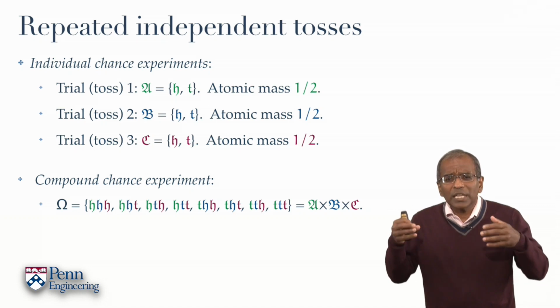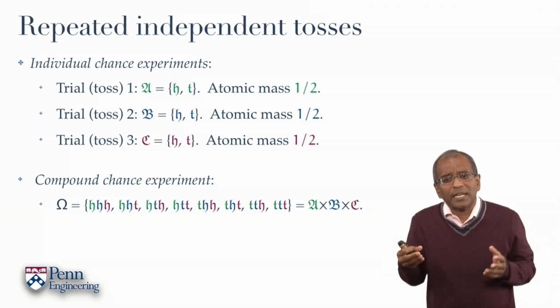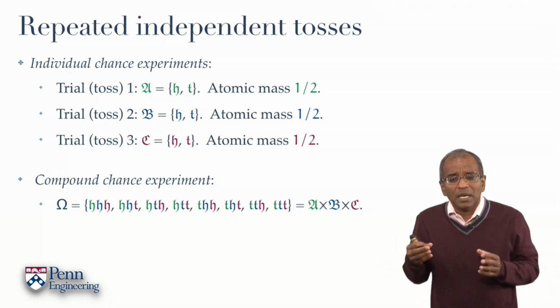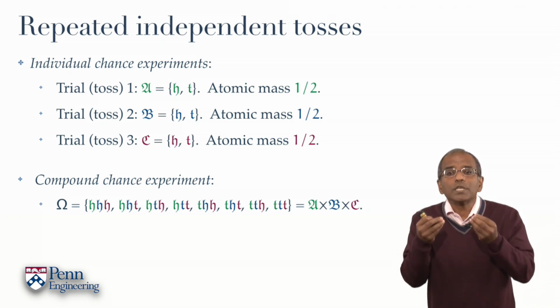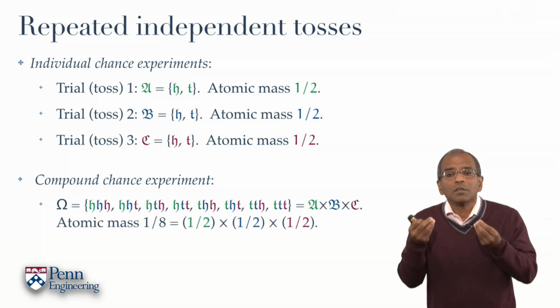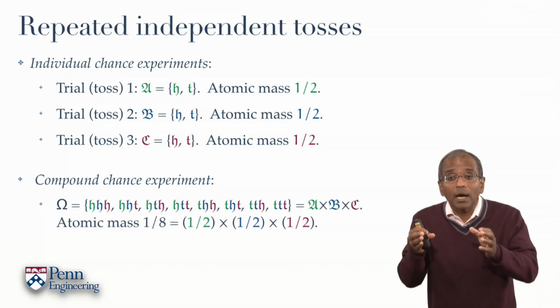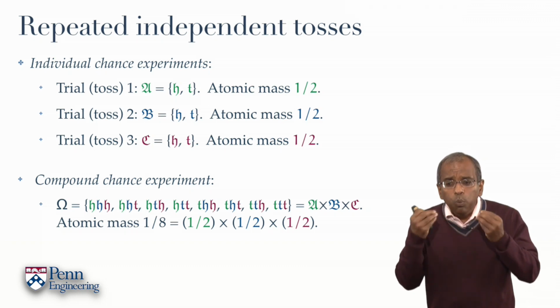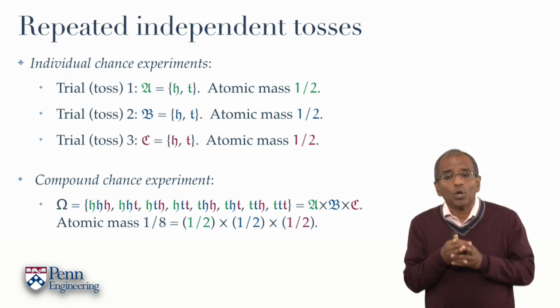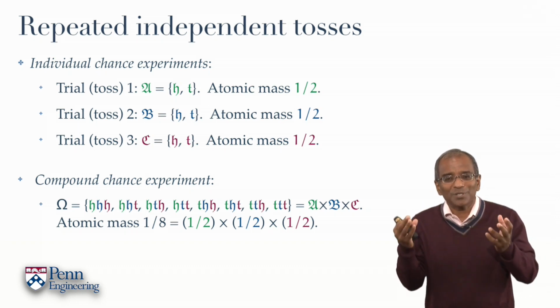And therefore, we're now dealing again with a discrete setting, in fact, a finite setting of 8 possibilities. And therefore, it suffices to specify the probability measure, to specify an atomic mass function. The atoms here are sets of ordered triples. What should I allocate to each ordered triple? Naturally, the coin is fair.